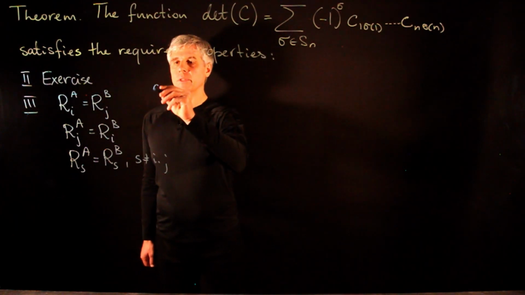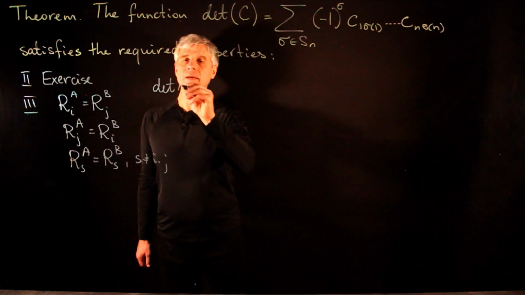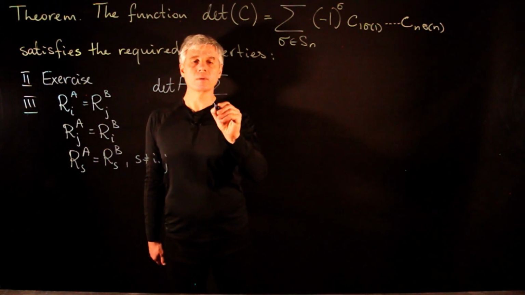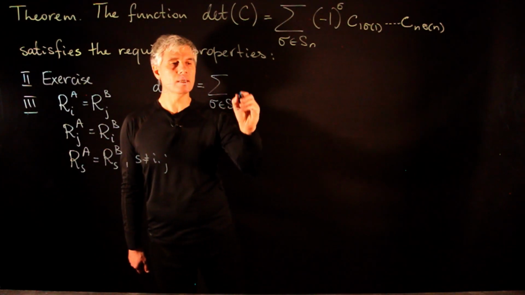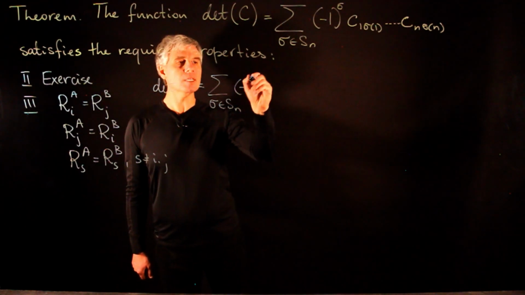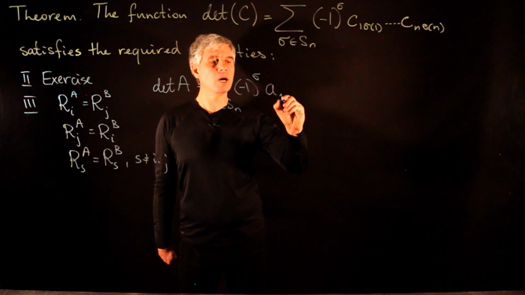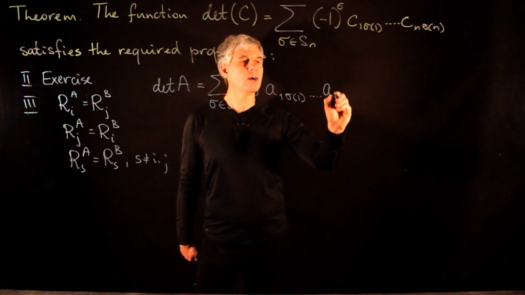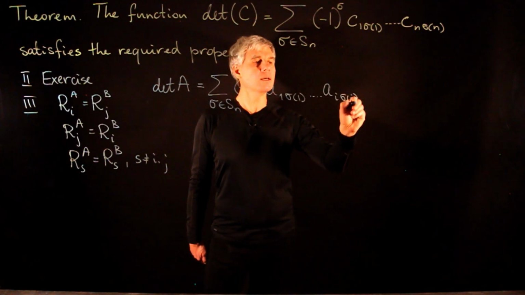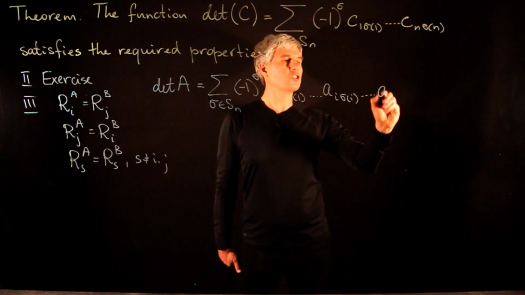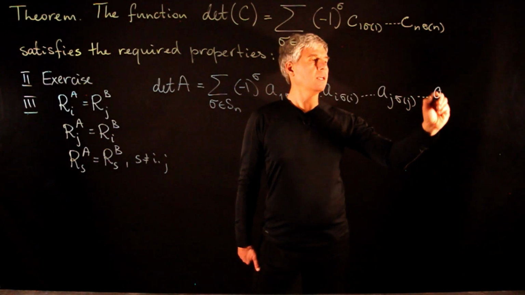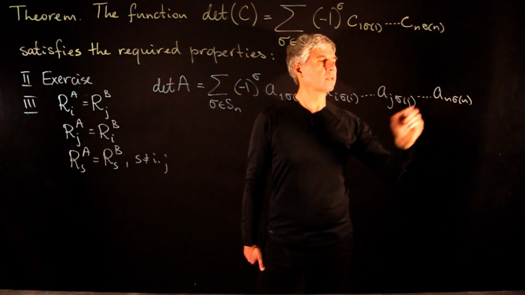So let's start with the determinant of A according to our formula. We get the sum over σ in S_n of (-1)^σ a_{1,σ(1)} ... a_{i,σ(i)} ... a_{j,σ(j)} ... a_{n,σ(n)}.